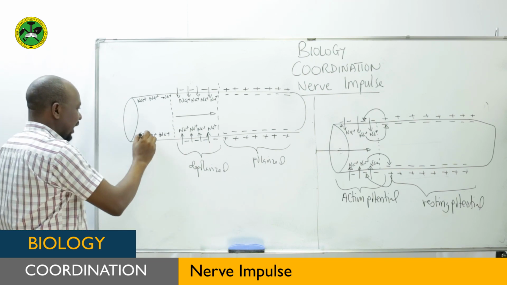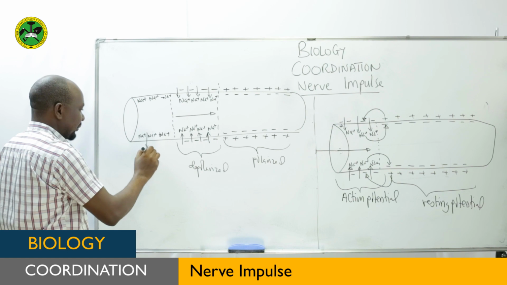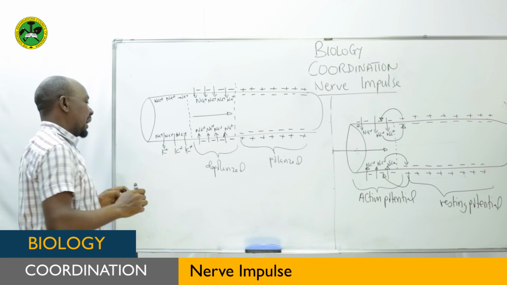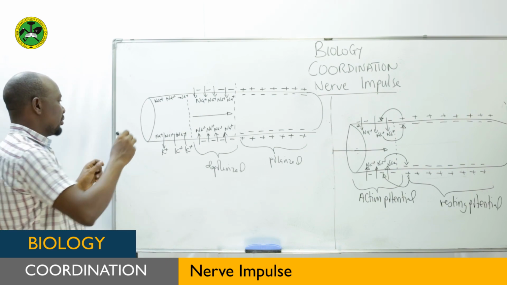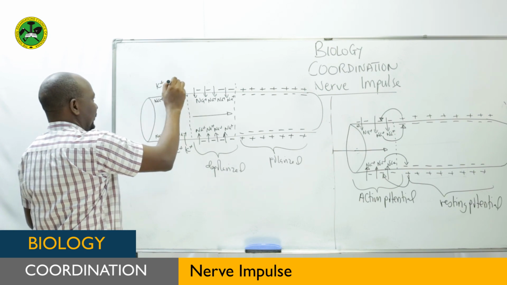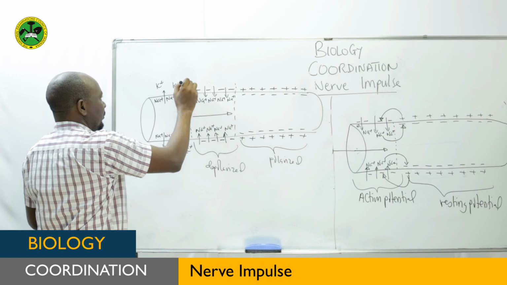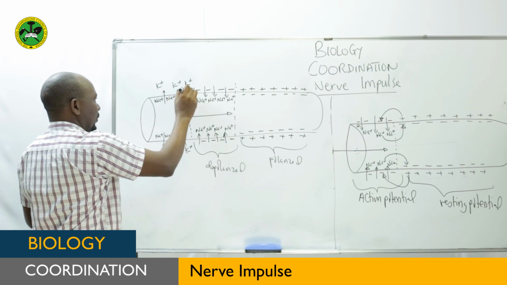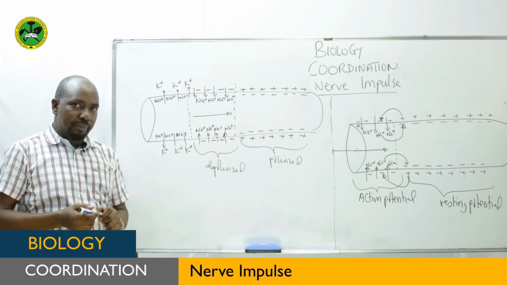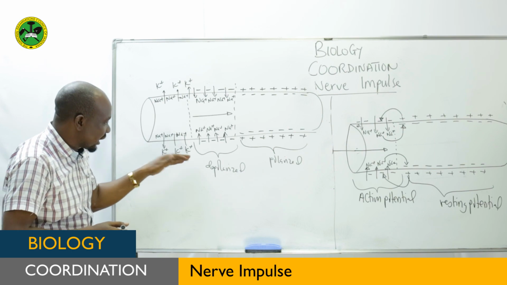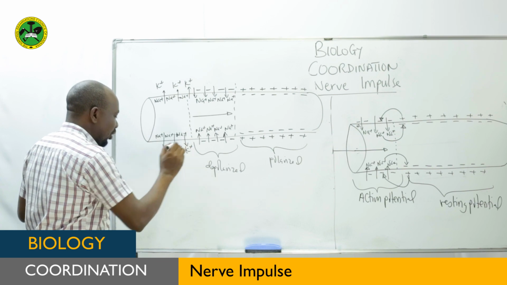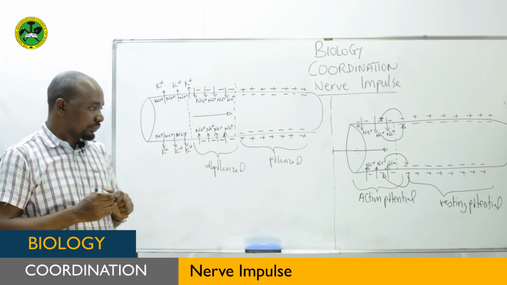But the potassium gets the channels open, allowing the potassium ions to leave the axon plasma. So now the axon membrane is positively charged outside due to the outflux of the potassium ions.